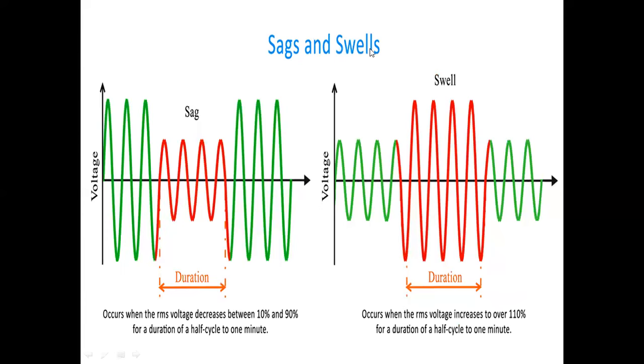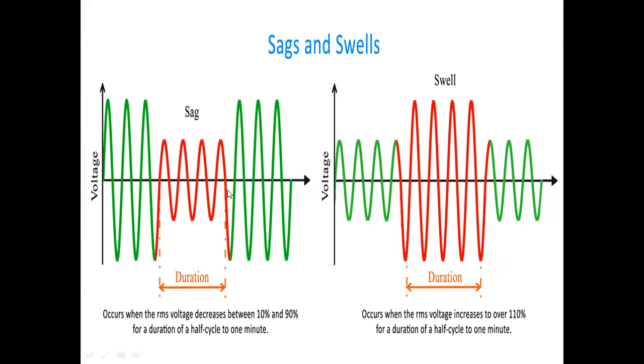Next, voltage sag and voltage swells. These are the voltage sag and voltage swells, with their duration. The y-axis is the voltage and the x-axis is the time. This is sag. Sag means the RMS voltage decreases to between 10 and 90% for a duration of half cycle to 1 minute.